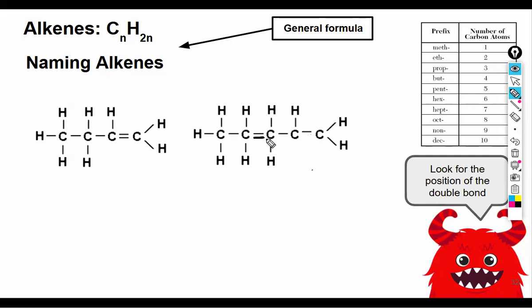If I move the double bond here, you notice how many bonds leave the C? 1, 2, 3, 4, and 5. Can I have 5 bonds leaving a carbon? No, I'm only allowed to have 4. So that means I'm going to have to scrape off one of these hydrogens and put it somewhere here. I have to move it now. And for this carbon, I have 1, 2, 3, 4, but I have a little problem.